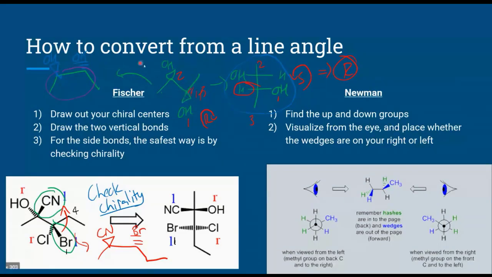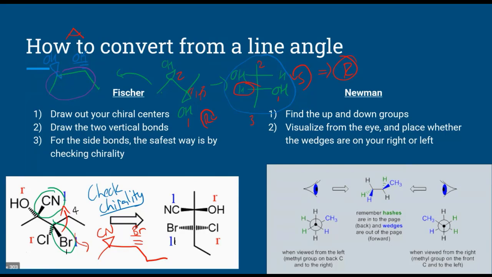And this is because you have to look at a Fisher projection sort of like you're looking at it from above in this direction. And the two groups need to be pointing downward, like so. So this might be a little confusing if you like to always turn your molecules into this formation.